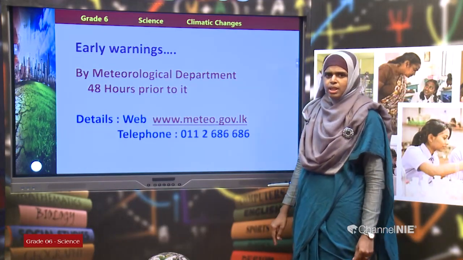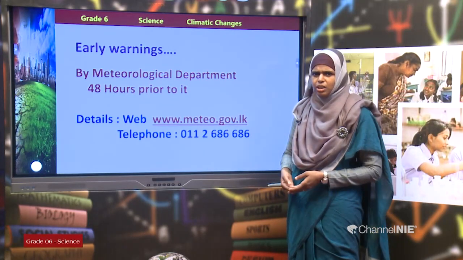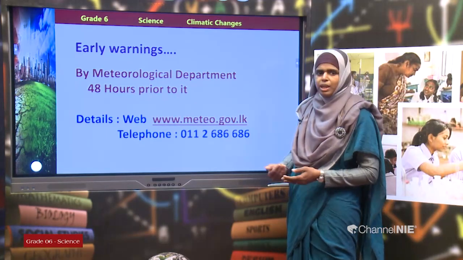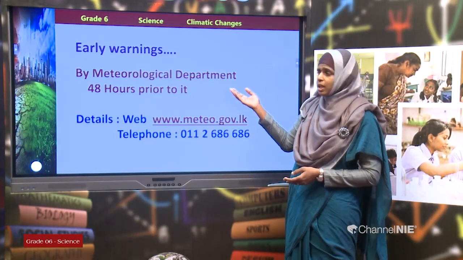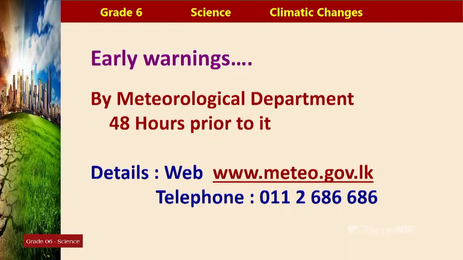If someone gives early warnings of a cyclone, telling that a cyclone would occur, we can avoid it, isn't it, children? We can be safe, we can be at a safer place, right? So, early warnings are given by the meteorological department. Normally, they give warnings, children, 48 hours prior to a cyclone.